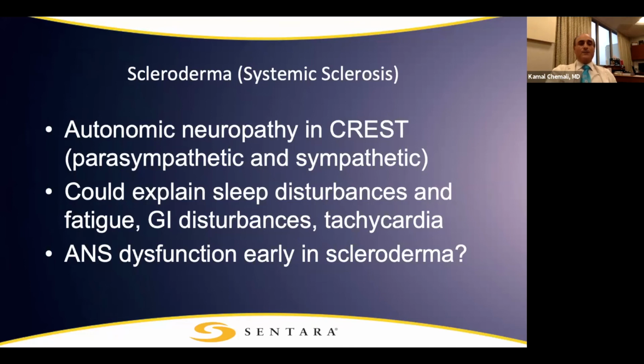This condition could explain sleep disturbances and fatigue, GI disturbances, tachycardia. And we don't know at what point in scleroderma the autonomic nervous system becomes affected. Is it early or is it late? And that's the same question that I was asking regarding lupus. Is it an early symptom or is it a late symptom? And in my experience, I see more autonomic symptoms in scleroderma than I see in lupus.